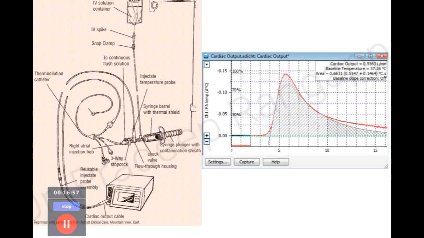What trainees have to remember is, it is the change in temperature as a function of time that is captured, from which the cardiac output is measured and cardiac index is calculated, and all the other subsequent variables like stroke volume, resistance index, and pulmonary vascular resistance index are derived.